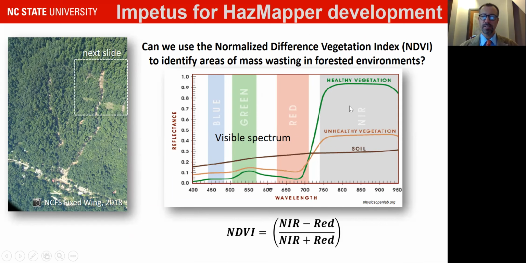The basic concept behind the NDVI metric is that in the near infrared, healthy vegetation has a very high reflectance value versus the reflectance returned in the visible red portion of the spectrum, whereas unhealthy vegetation or soil or rock has a much lower spectral reflectance in the near infrared. So NDVI equals the near infrared minus the visible red, divided by the near infrared plus the red.